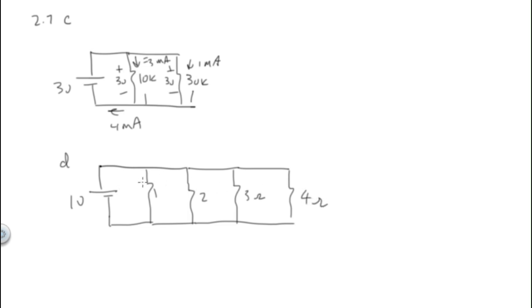So 10 volts divided by 1 ohm is 10 amps. 10 divided by 2 is 5 amps. 10 divided by 3 is 3.33 amps. 10 divided by 4 is 2.5 amps. So what's my total? I total is equal to 10 plus 5 plus 3.33 plus 2.5, or I get 20.83.